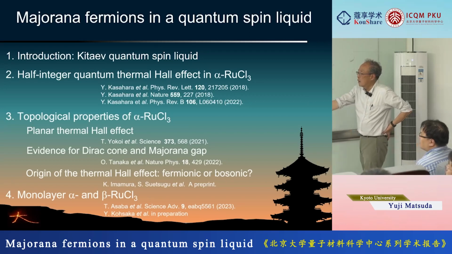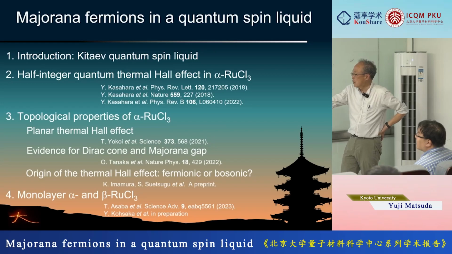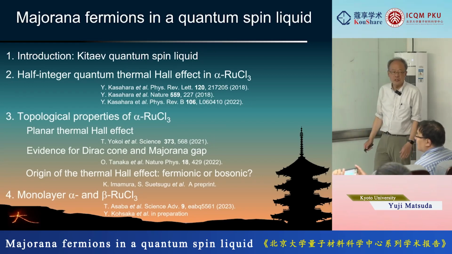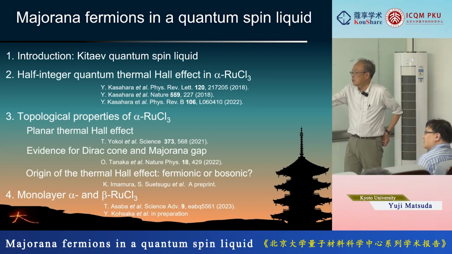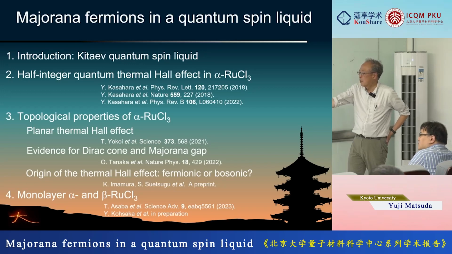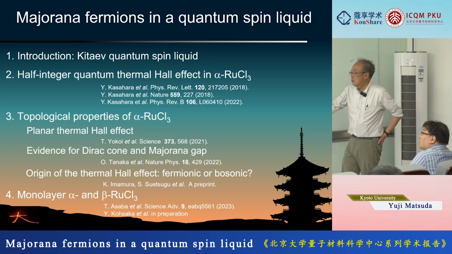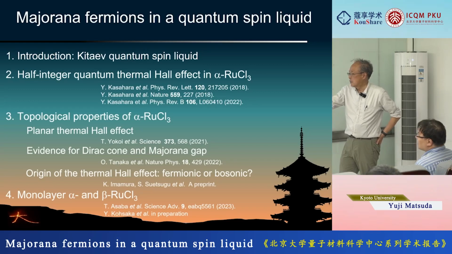Then I will discuss the origin of the thermal Hall effect, fermionic or bosonic. This has been a very highly controversial issue recently. I will show the conclusive evidence of the fermions. If time allows, I'd like to talk about our recent STM measurement of monolayer alpha- and beta-RuCl3. The result of beta-RuCl3 has been published 1 week ago.